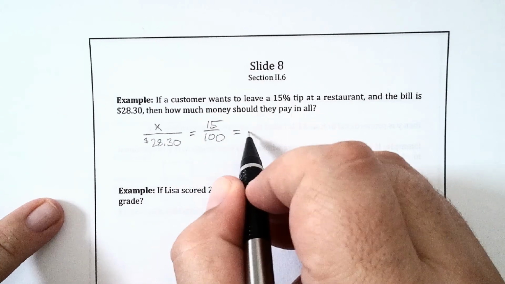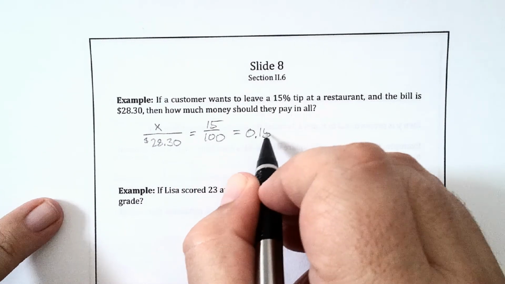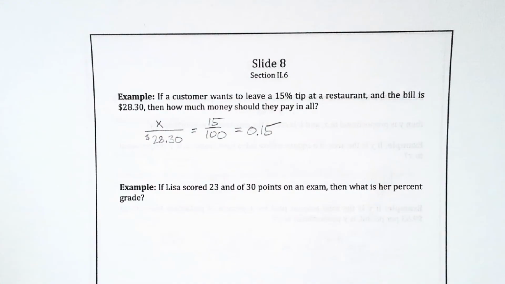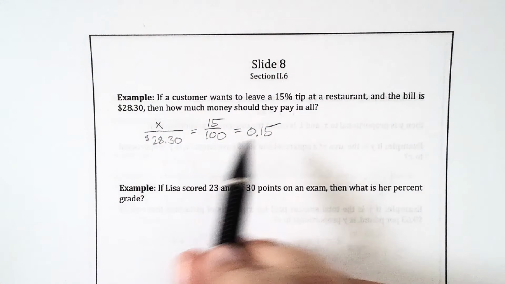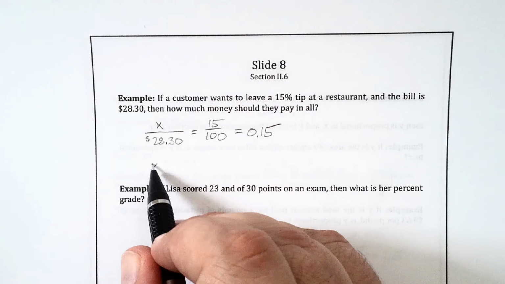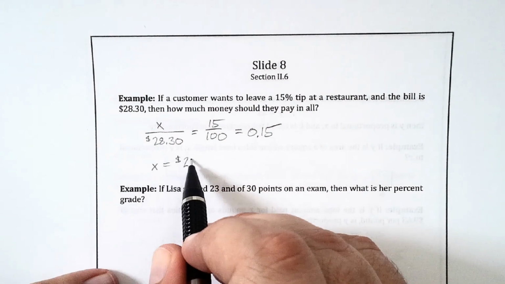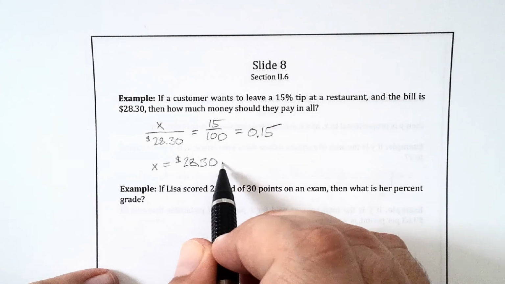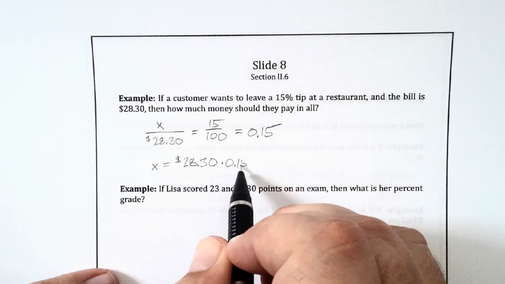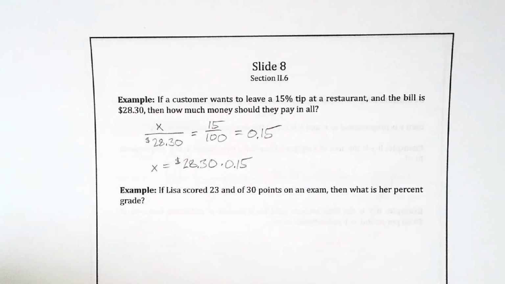Or I could also just write 0.15. Again, I solve this by cross multiplying. So I get that x would be 28.30 times 0.15. So here I use my calculator.